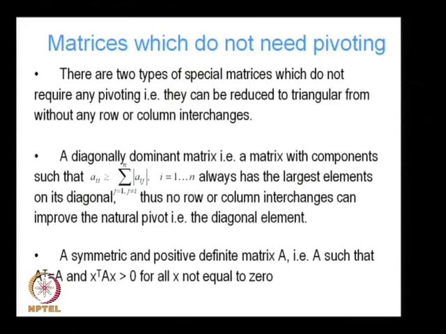Given any arbitrary vector x and given that that vector is not identically equal to 0, we can be assured that if we perform the operation x transpose A x, we are going to get a positive number for a positive definite matrix. So, for these two types of matrices, we do not need any pivoting while performing Gaussian elimination.